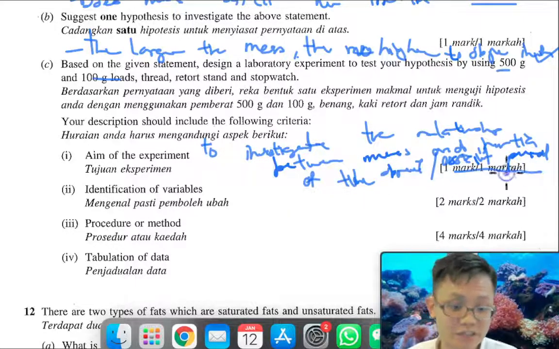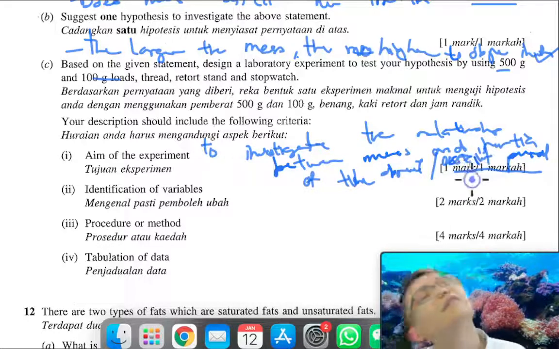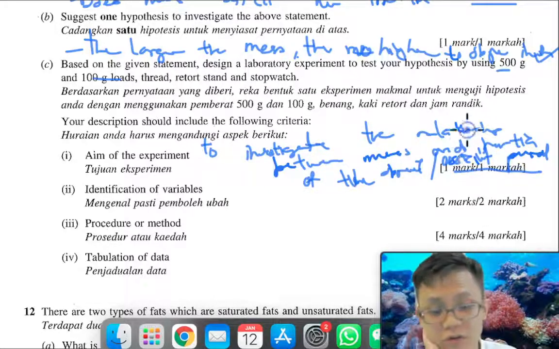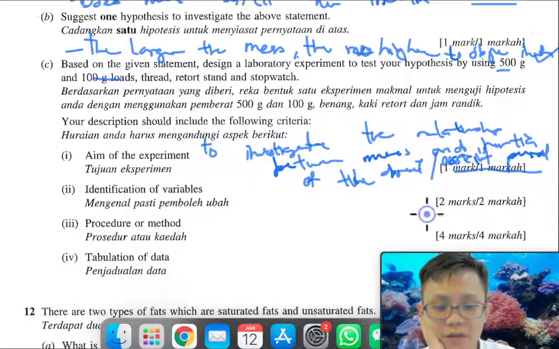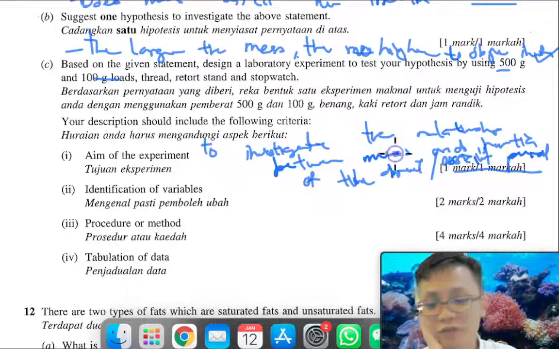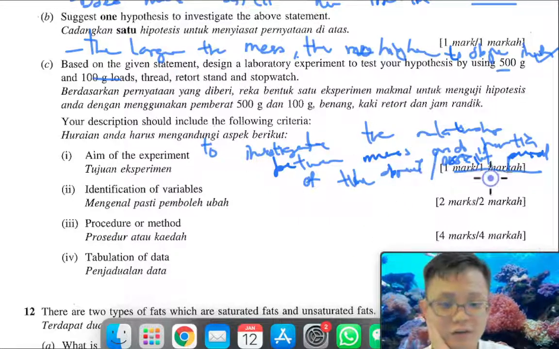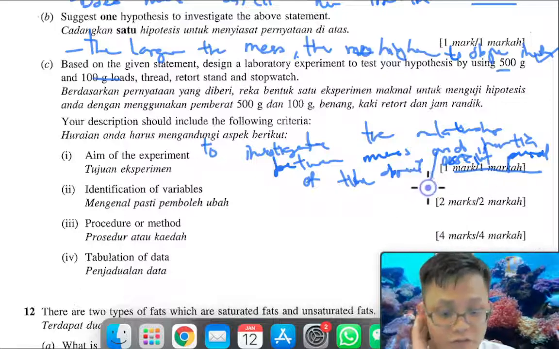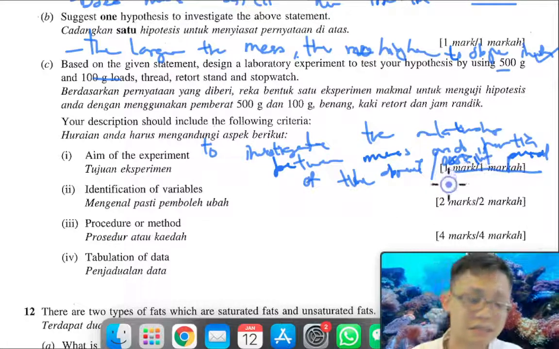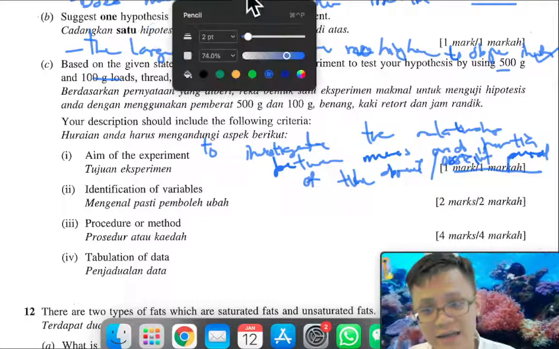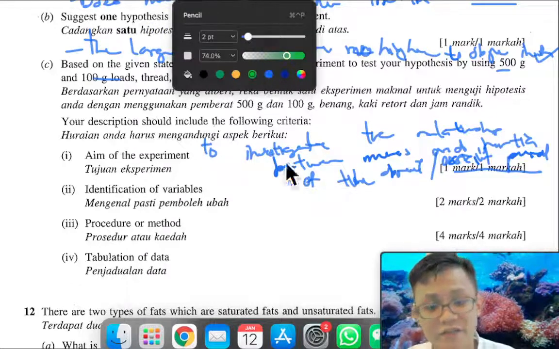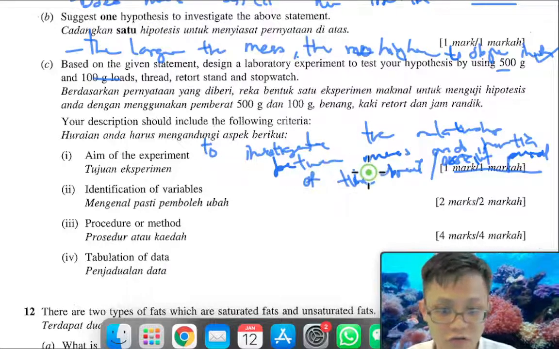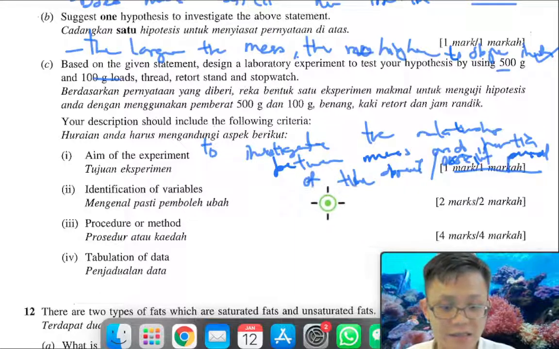So some teachers are very strict, they will give the student wrong, but actually I just want to mention this so students won't get confused about why one is correct and one is wrong. Actually both are correct, it's just the marking scheme says like that, and the Malaysian marking scheme is very strict, so they need to follow. But for me it is correct.